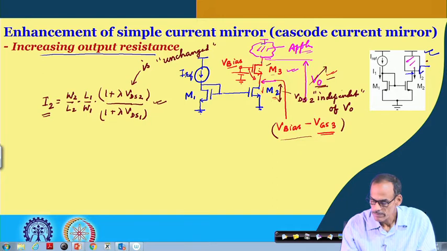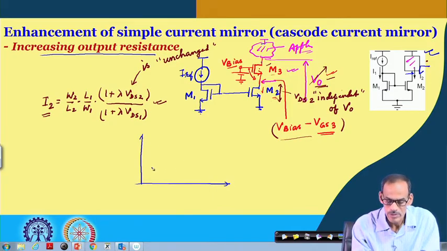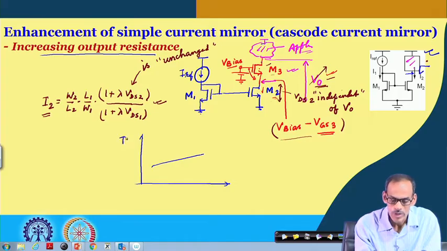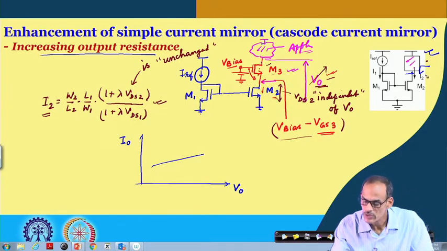So, pictorially, if I compare the two cases, the simple current mirror, based on probably finite lambda, we do have this output current and the voltage dependency has a slope. So, this is the output current and the voltage drop across this one is VO, the output voltage.